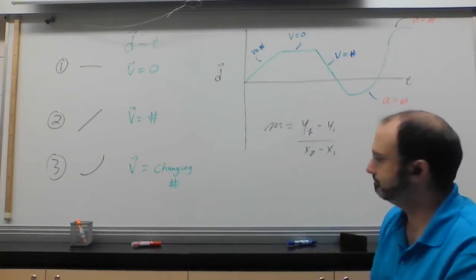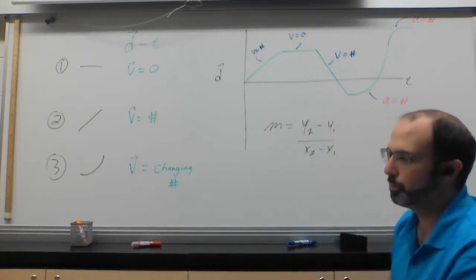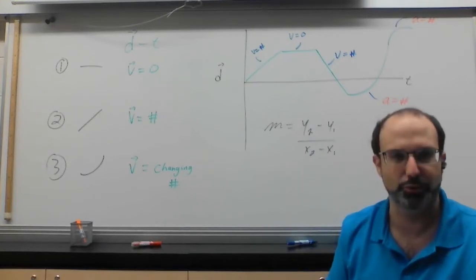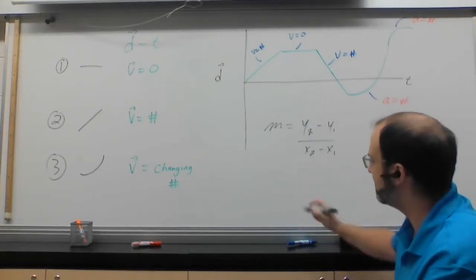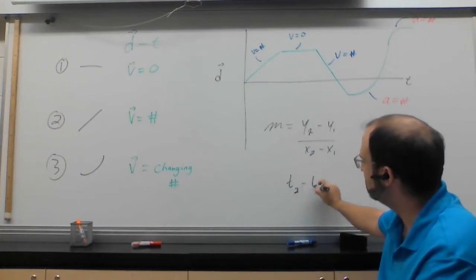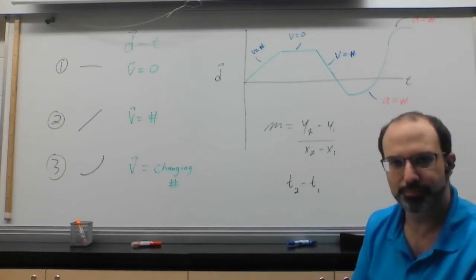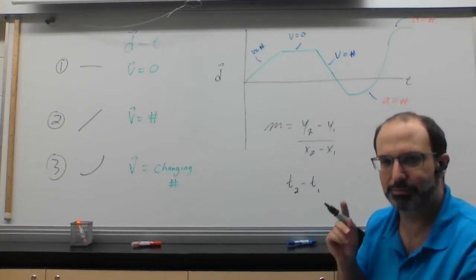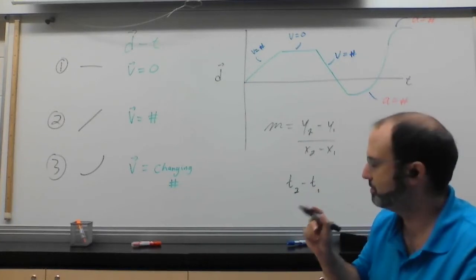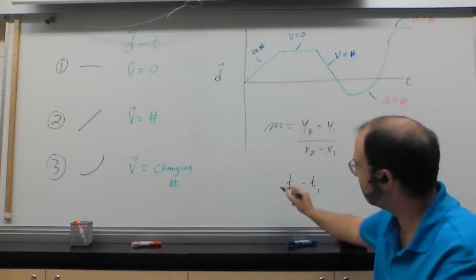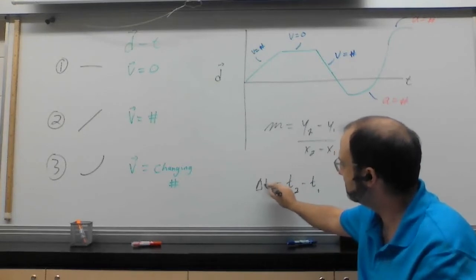But here's the weird thing. y2 minus y1, we've seen that before. Like if I rewrite that as, say, t2 minus t1, that is something that we have in our notes. This means something of significance. It means delta t.